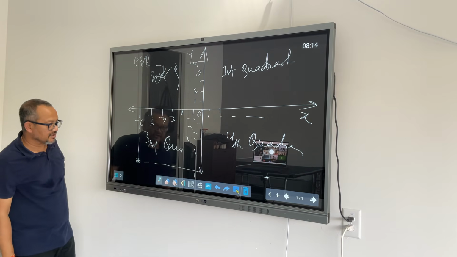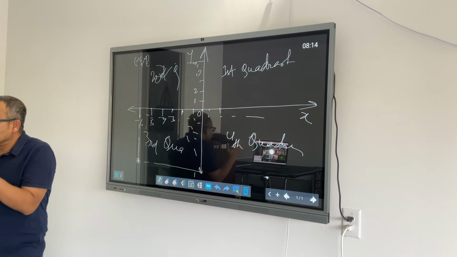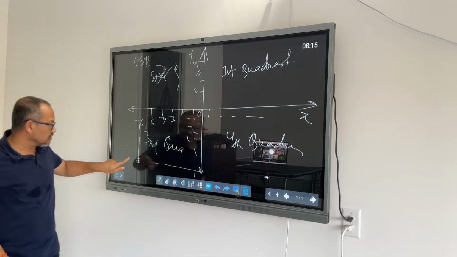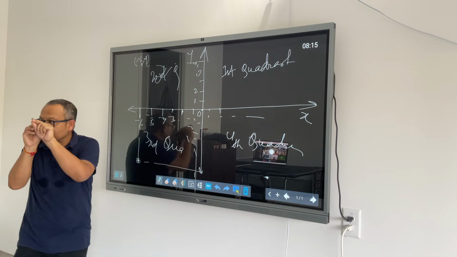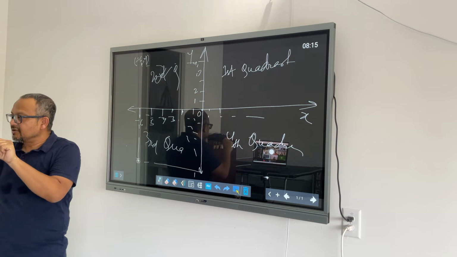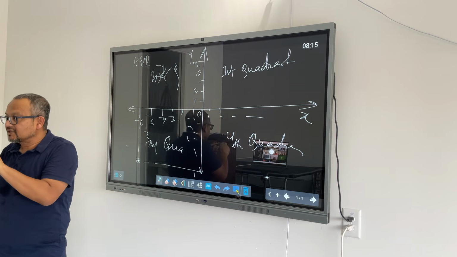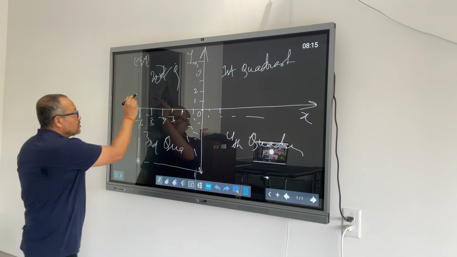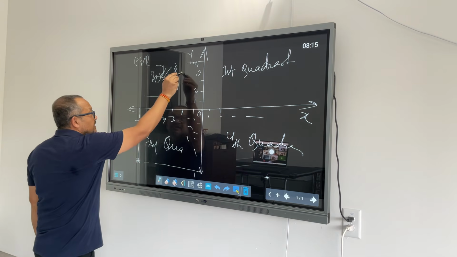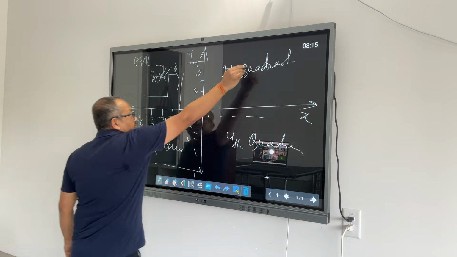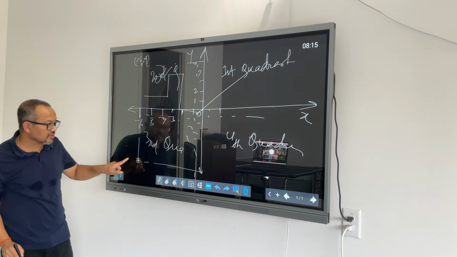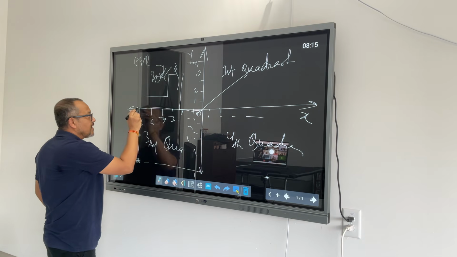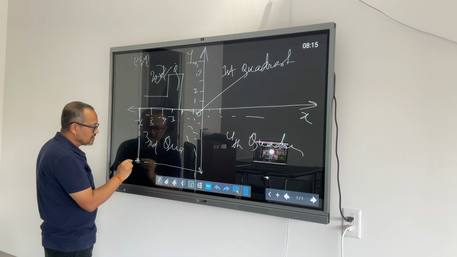If this is the point, let's think of this like a game, that you want to come to this point, but you are only traveling along the straight line, without making an angle, meaning you can go this way, this way, this way, but you cannot go this way. So if I have to come to this point from this place, I will go this far and then go downward this much.